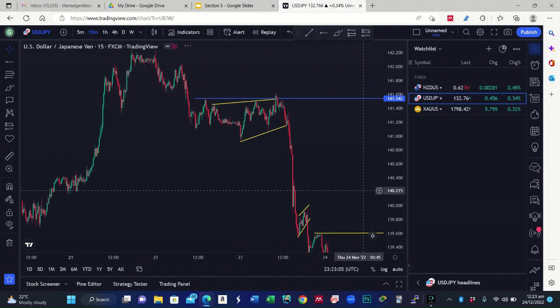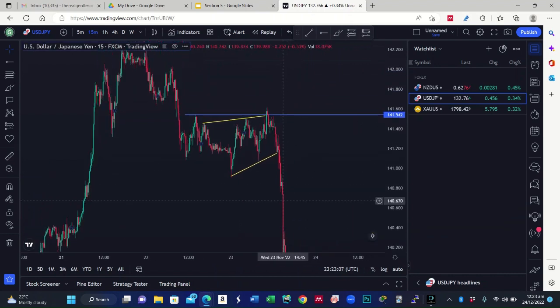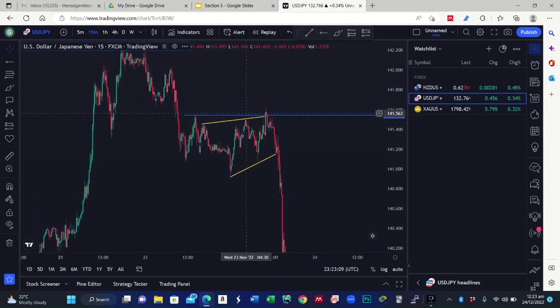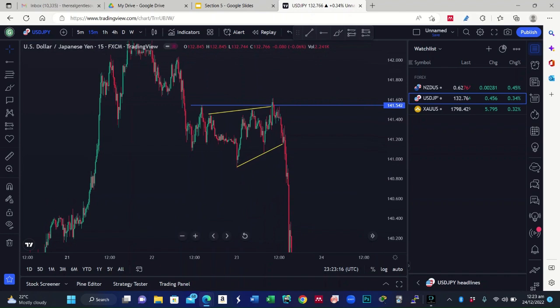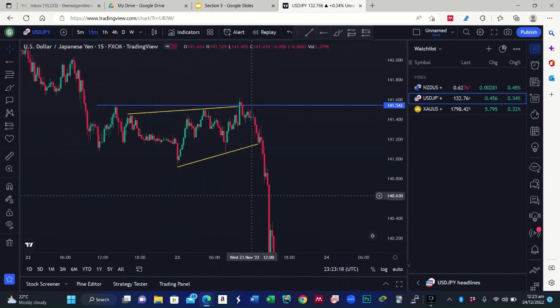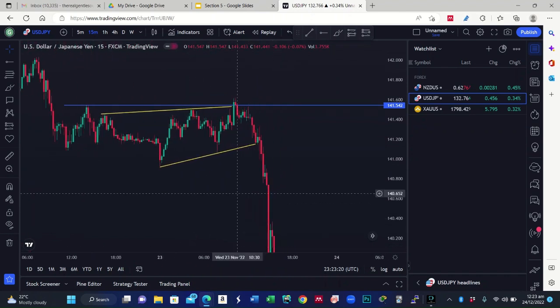So this is it. In that correction, there is a double top and then a 1, 2, 3 ascending structure. So in that 1, 2, 3 ascending structure, what we are going to look for is a reversal candlestick.